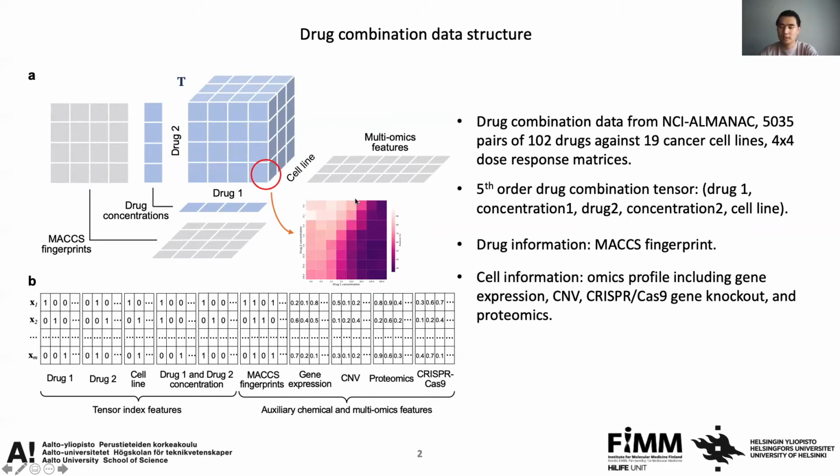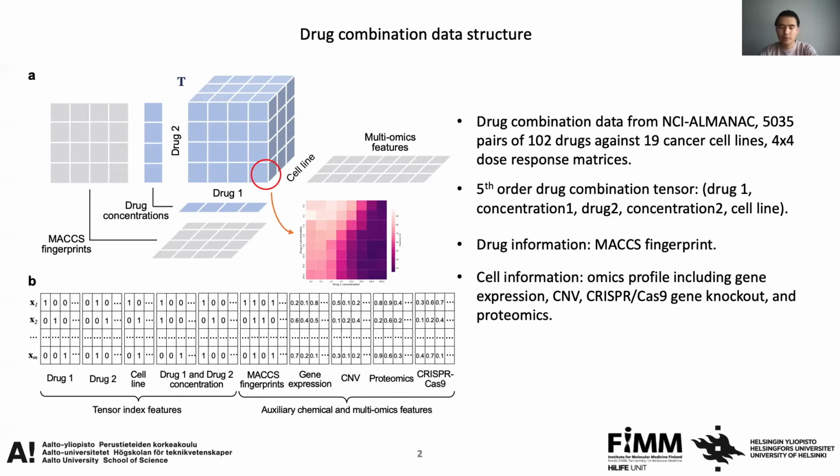And we encoded the structure of this fifth order tensor using one-hot encodings. We also encoded drug structural information using MACCS chemical fingerprints, which are binary vectors indicating whether a substructure is present in a drug or not. And then we represented cell information using its multi-omics profile, including gene expression, copy number variation, CRISPR-Cas9 gene knockout experiments, and proteomic data.